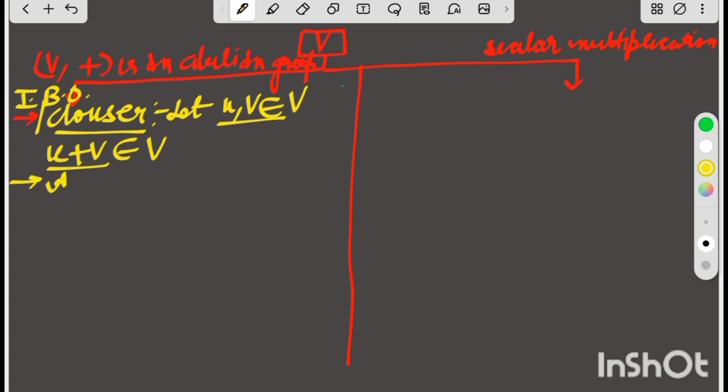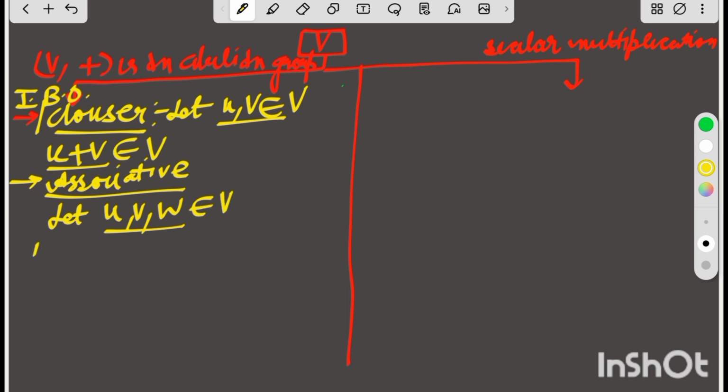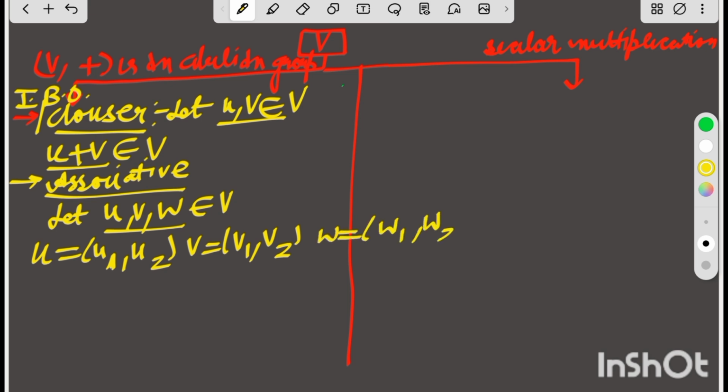Second is the associative property. Let U, V and W be three elements of the set V. This implies U is equal to (U1, U2), V is equal to (V1, V2) and W is equal to (W1, W2), where Ui, Vi and Wi belong to the set of real numbers.